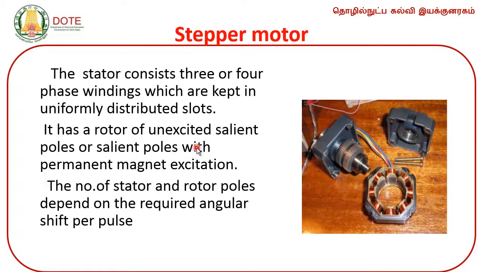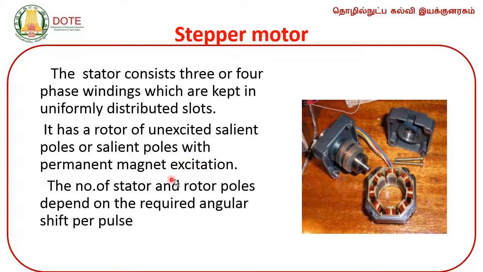In the stepper motor, the stator consists of 3 or 4 phase windings which are kept in uniformly distributed slots. So, you can see the diagram. This is a stepper motor, this is the rotor and this is the stator. It has a rotor of unexcited salient poles or salient poles with permanent magnet excitation.